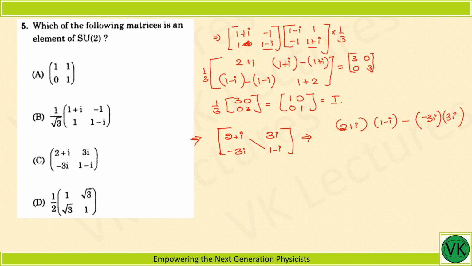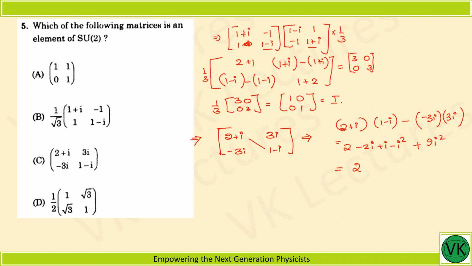This is 2 minus 2i plus i minus i squared, plus 9 i squared.